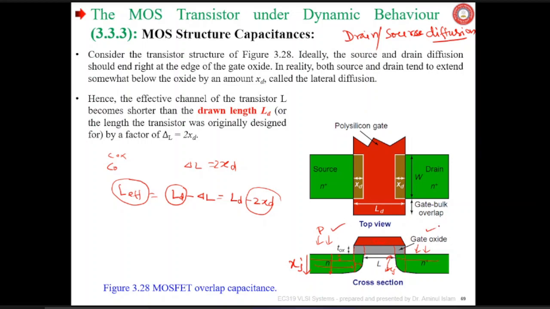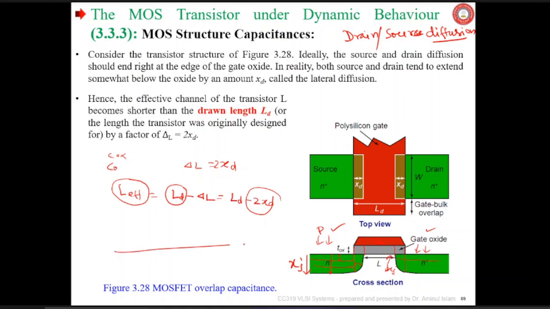Actually, before ion implantation came into use, earlier when the MOSFET was invented, or in the early years of CMOS technology, the diffusion process was used.